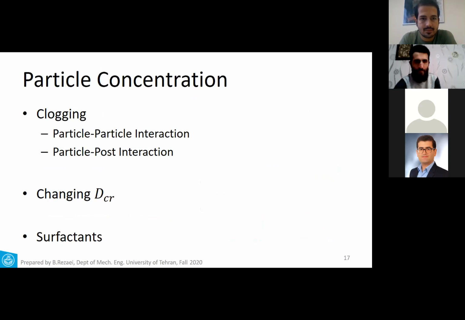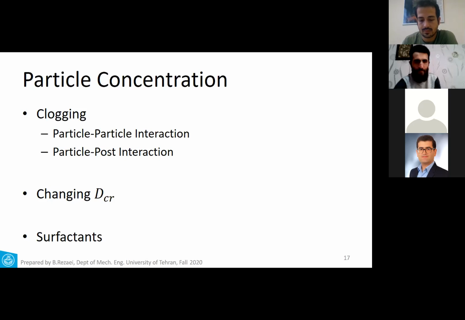Okay, there are some important things in DLD design that we should consider. One of them is clogging. Clogging happens when the particles cannot pass through the gap. The first obvious reason is when the particle diameter is larger than the gap, so it cannot pass.